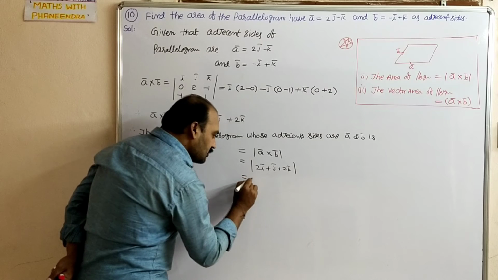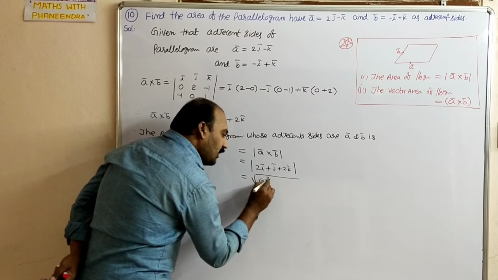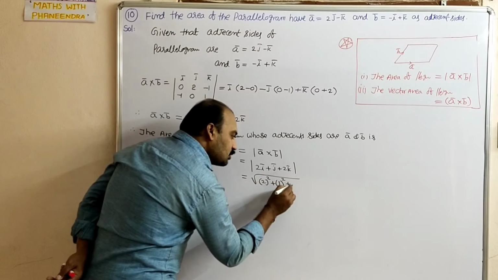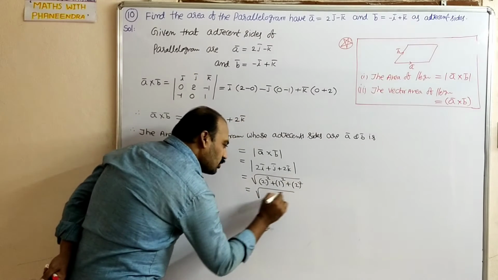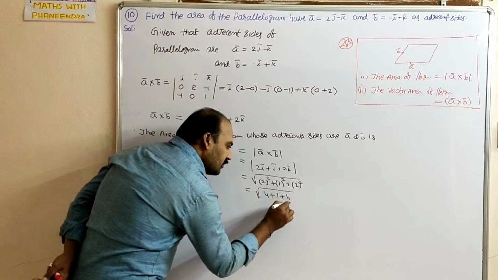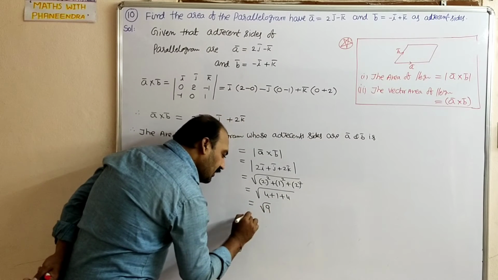Magnitude of the vector, square root of 2 square plus 1 square plus 2 square, which is equal to square root of 4 plus 1 plus 4, which is equal to root 9, that is equal to 3.